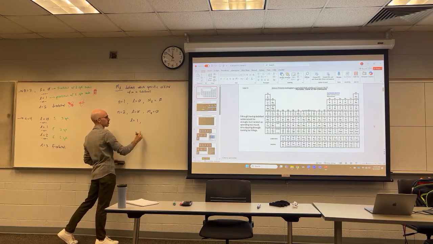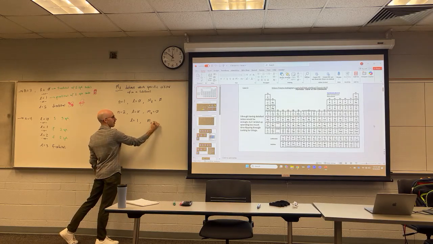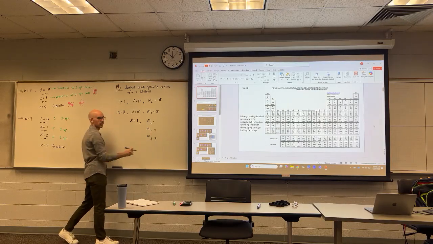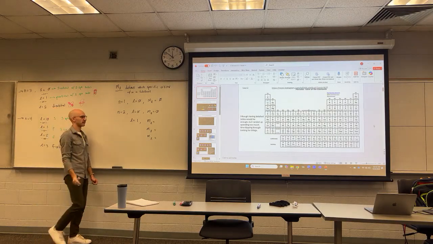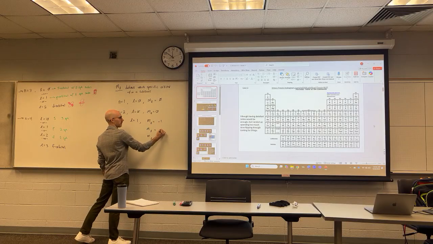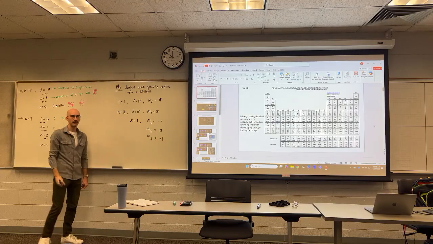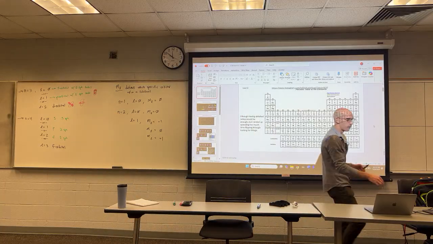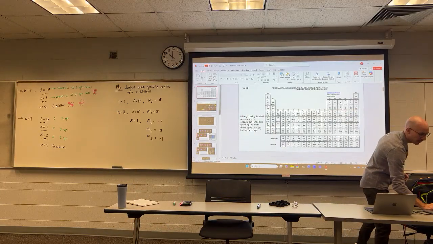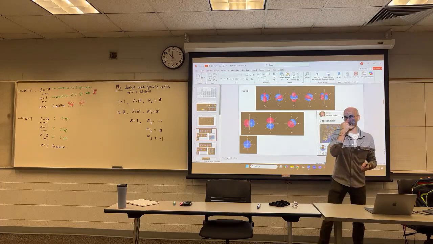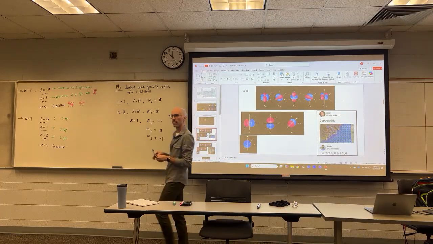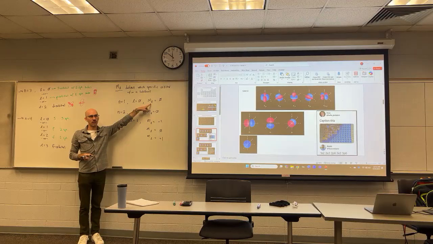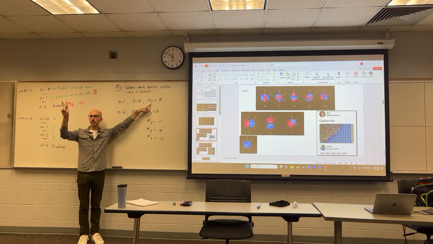the P subshell, M sub L has 3 solutions. Good. -1, 0, +1. Which tells you which of the 3 orientations your electron has. How many electrons can fit in this M sub L orbital that equals 0? 2.